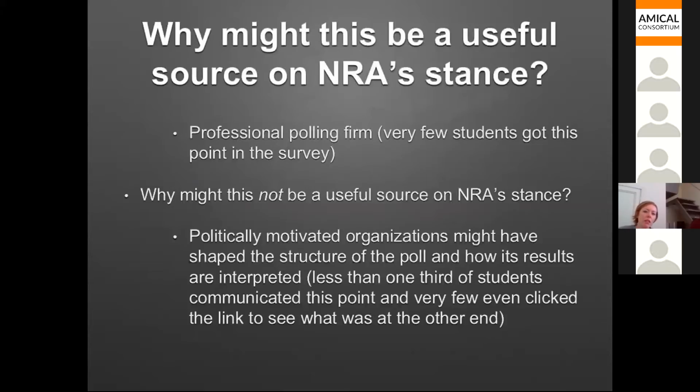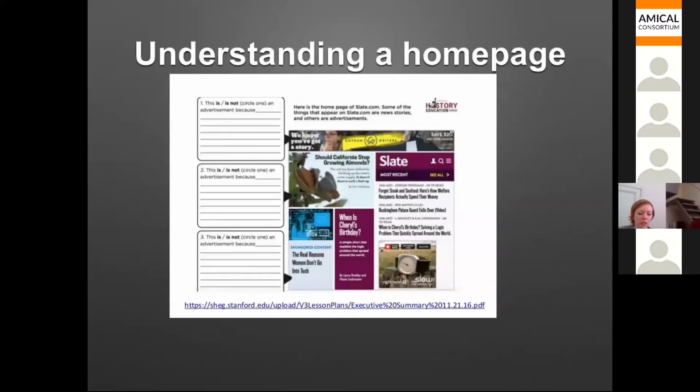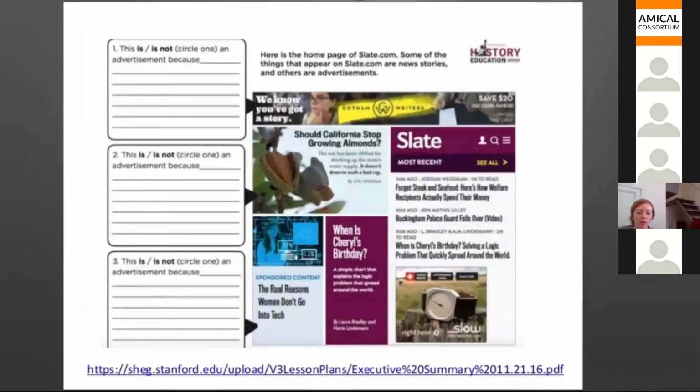Then we look at a home page. Now, can I make it bigger? Okay. Sorry it's blurry, but this is the best I could get. This is Slate's homepage, okay? And we looked at these three areas. The first one is the Gotham Writers advertisement.